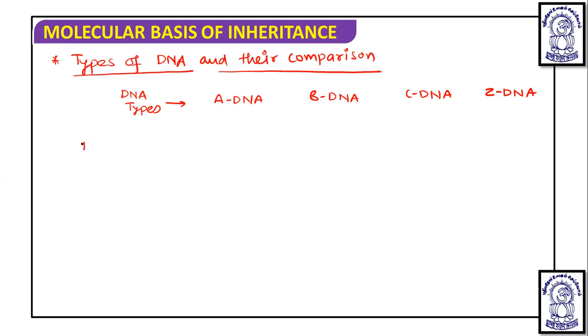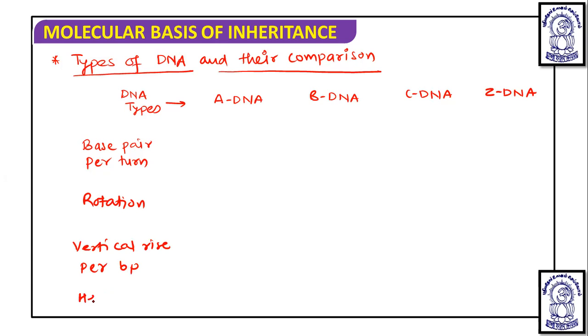Now, if we talk about DNA types, and on one side we take some properties, then the base pairs per turn. Then we talk about rotation, that is whether they are right-handed or left-handed. Then we talk about the vertical rise per base pair and helical diameter.